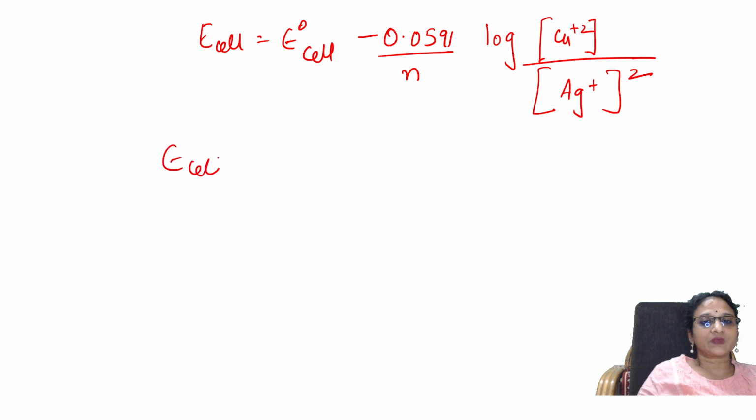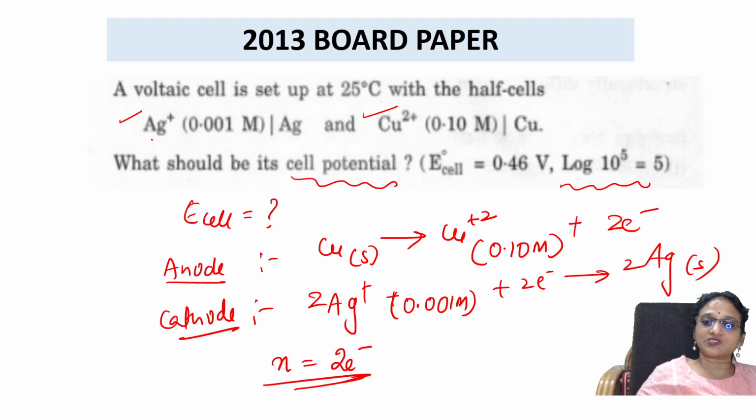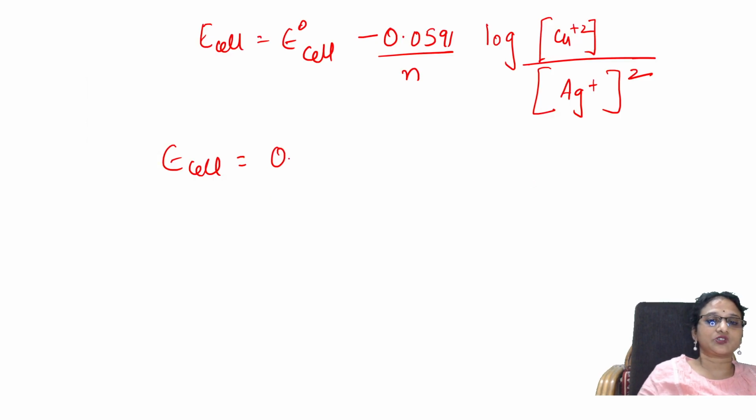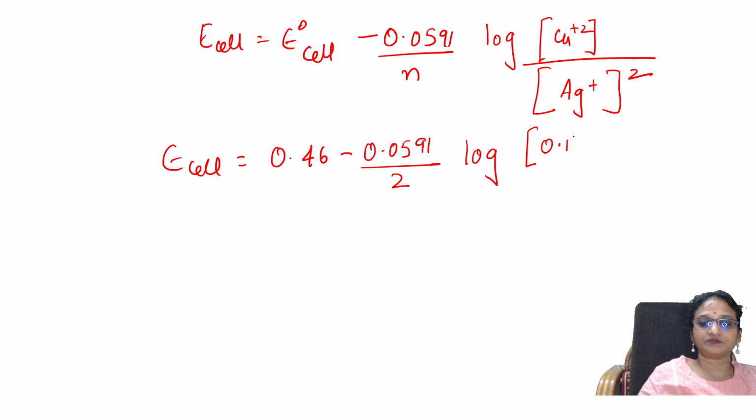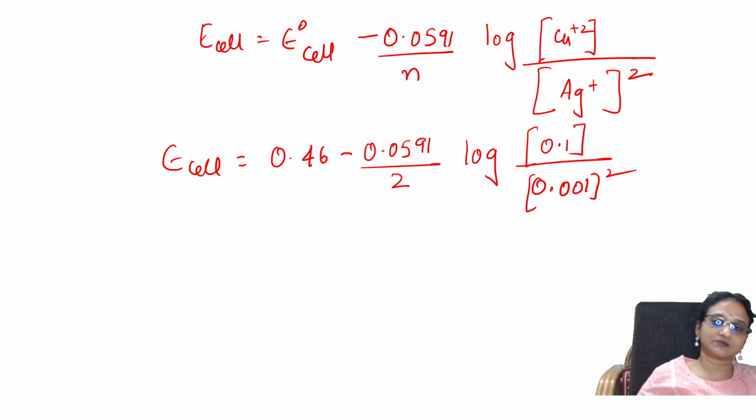Substitute the values. How much is E naught cell given? 0.46. Let us write 0.46 minus 0.0591 by 2. How many electrons? 2. Copper, how much is this? 0.1. How much is silver? 0.001 square. Done, students? Done.